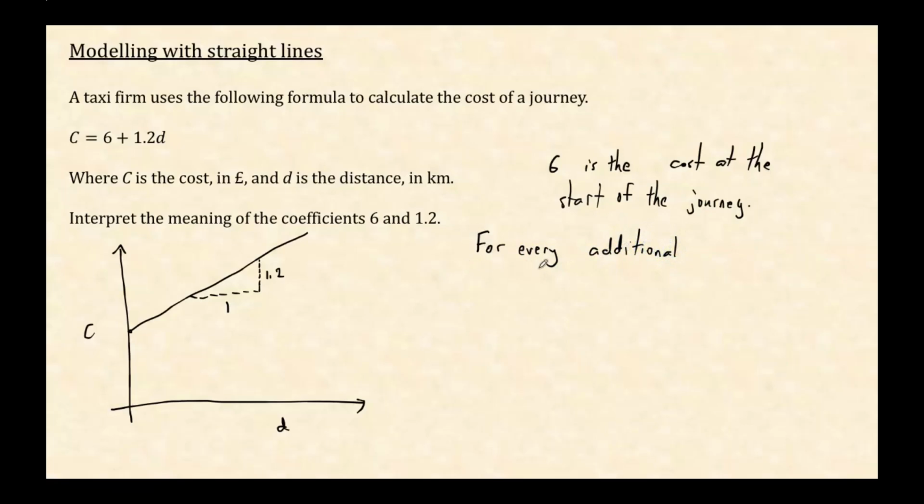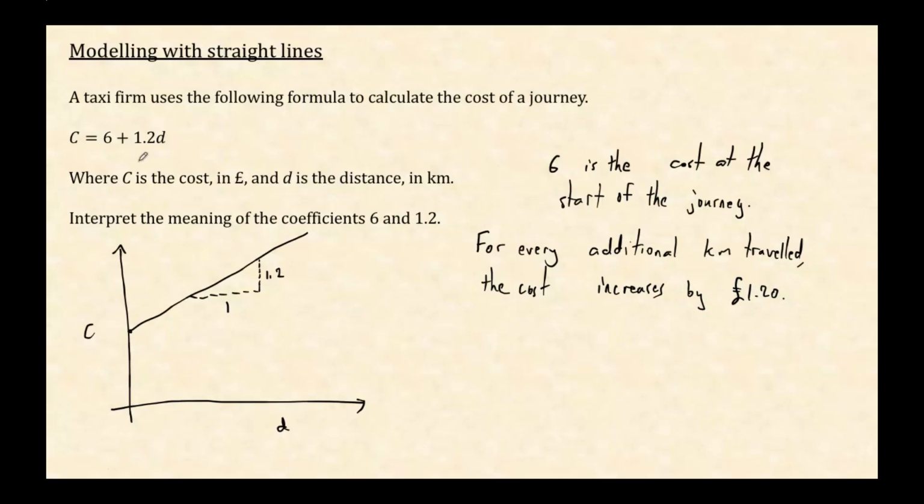So try to begin these interpretation questions always with those words. For every additional kilometre travelled, the cost increases by £1.20. So that's a great way to explain what that 1.2 means.